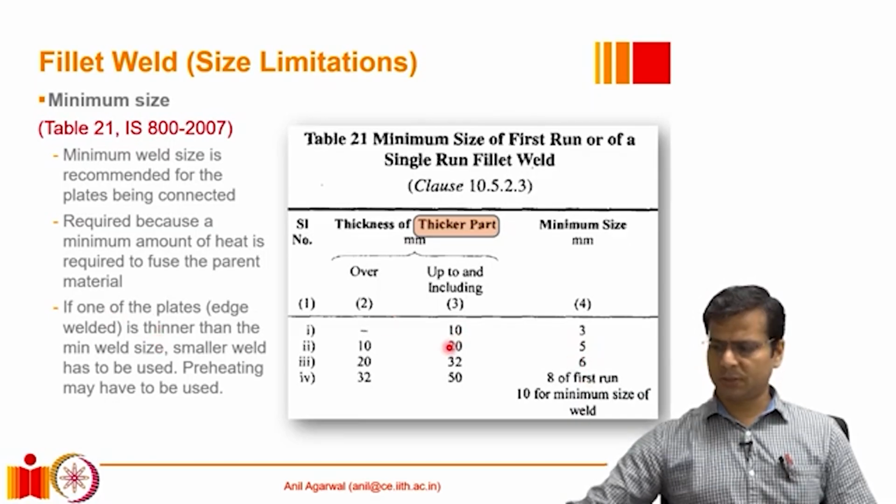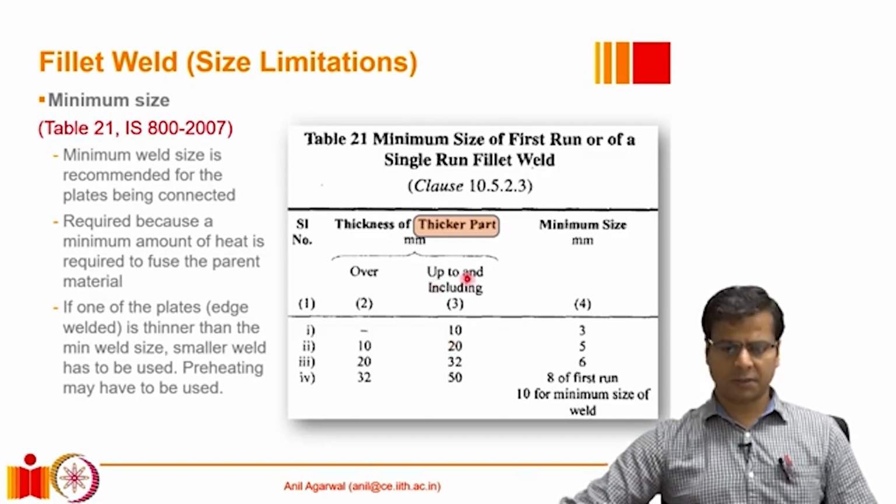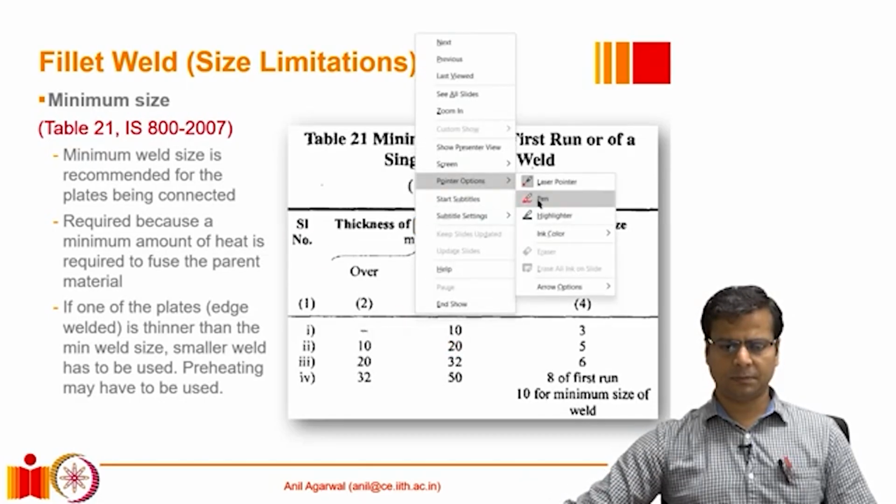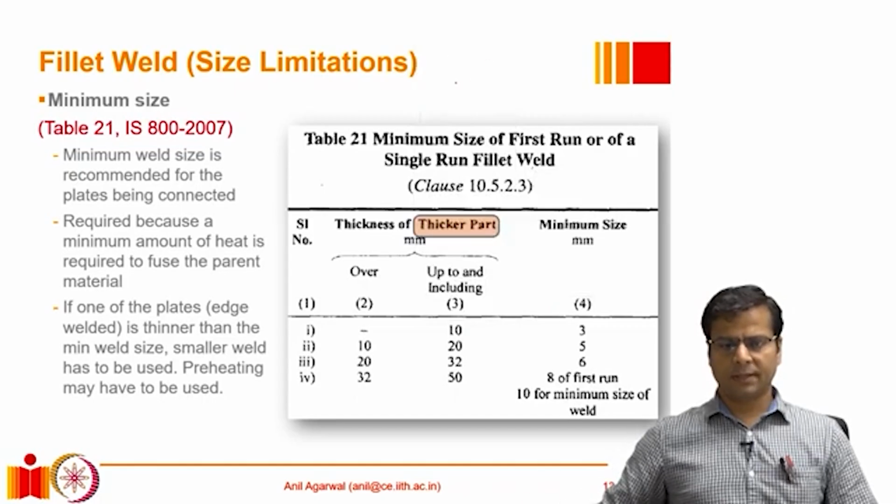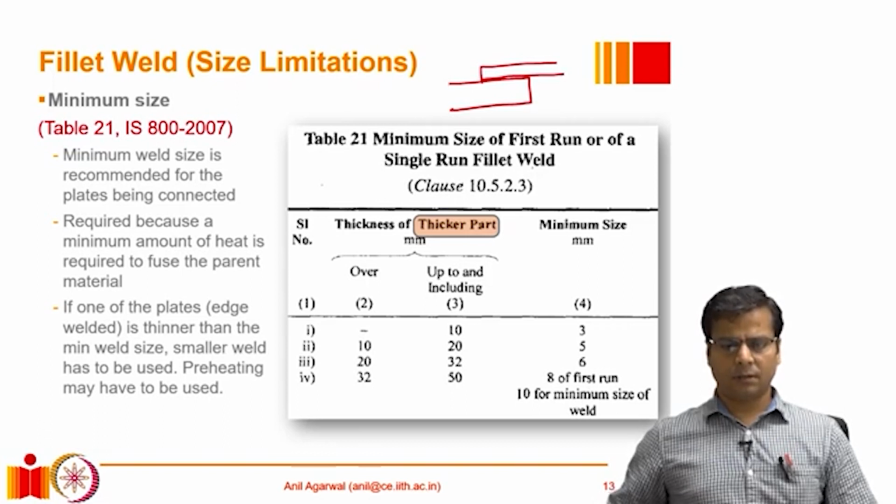However, there may be some situations where we may not be able to provide such thick welds. I will show you through an example. Let's say we are welding these two plates in a lap joint, and one of the plates is, let's say, 22 millimeter thick, and the other plate is only 7 millimeter or 5 millimeter thick.